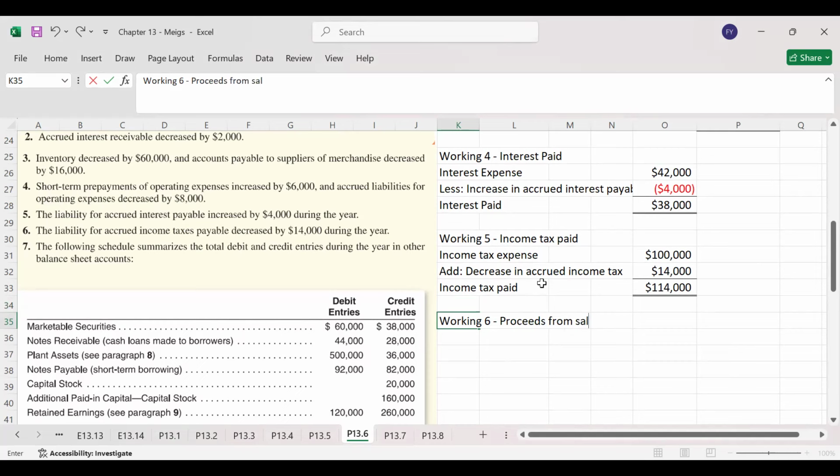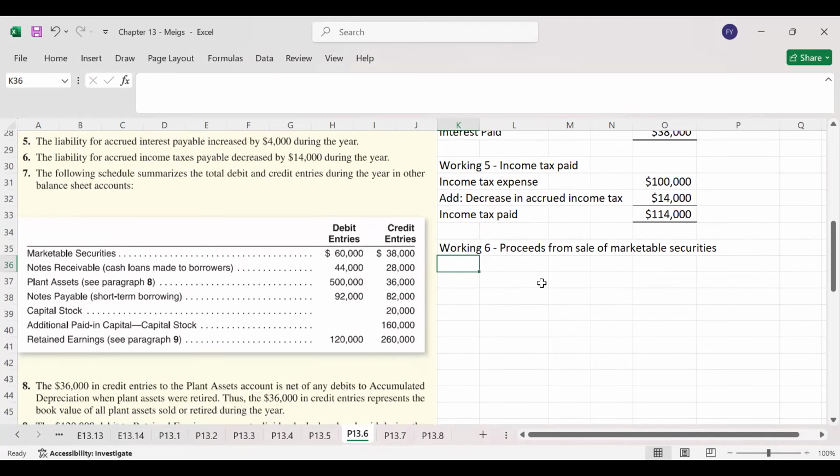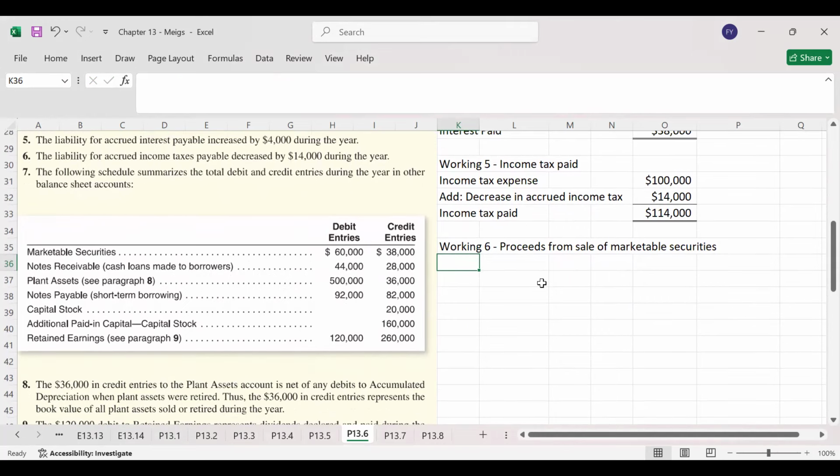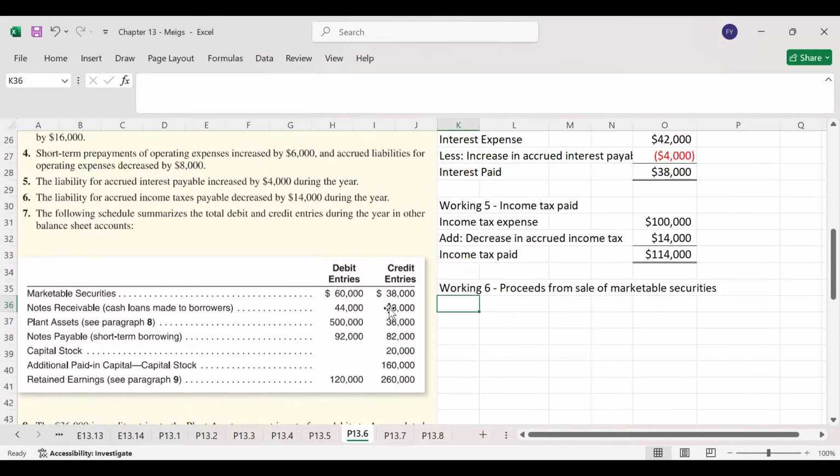The starting point is the book value or the cost of marketable securities, which you can see here is 38,000.